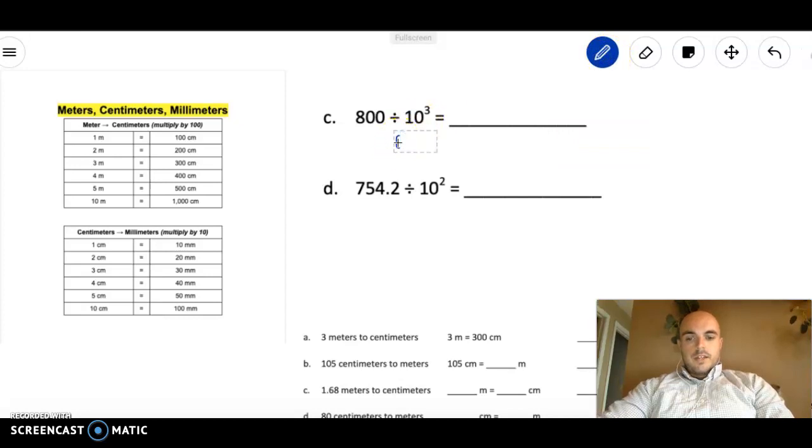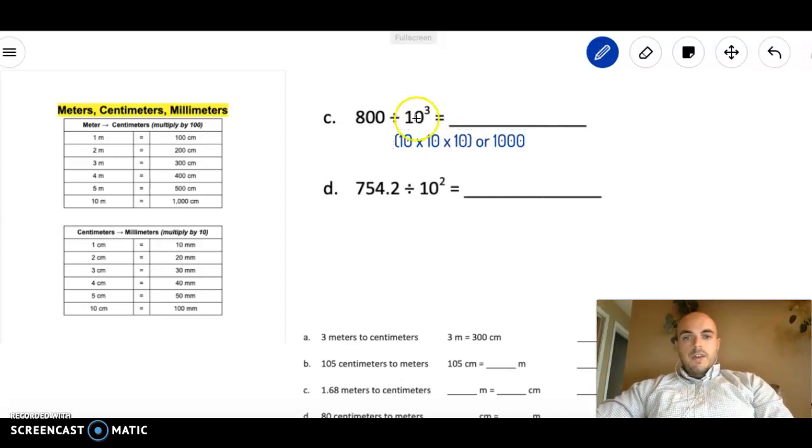You could either do it as 10 times 10 times 10, because there's 3 10s there, or you could rewrite that as 1 with 3 zeros, or 1,000.